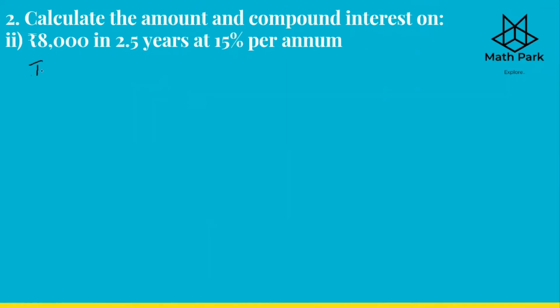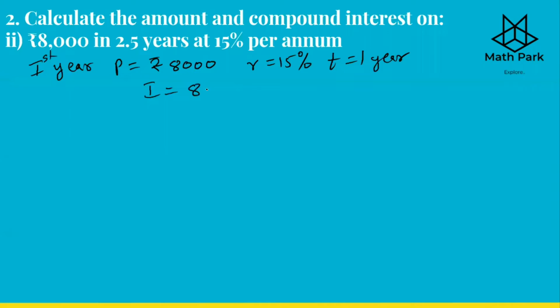For the first year, you have principal is equal to rupees 8,000. The rate is equal to 15%. The time is equal to 1 year. So interest is equal to principal into rate into time by 100, 8,000 into 15 into 1 upon 100.